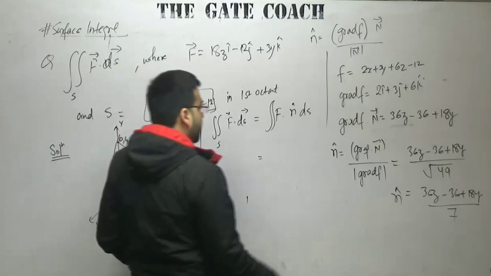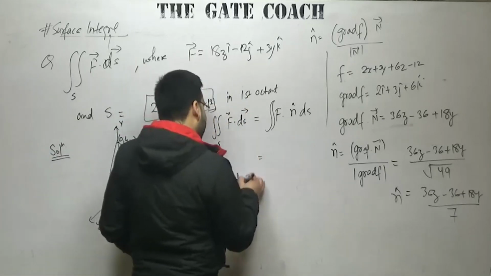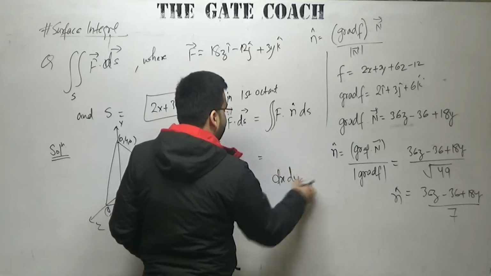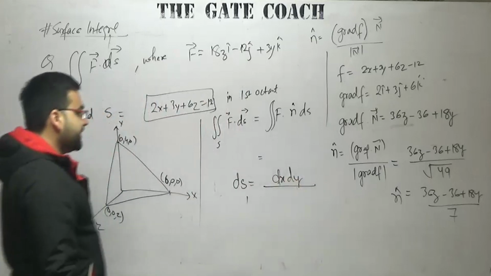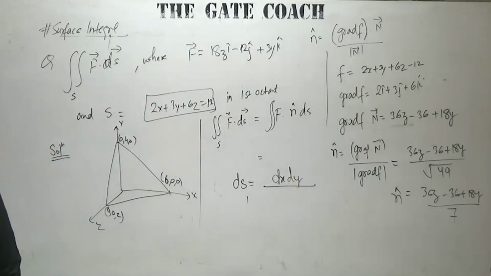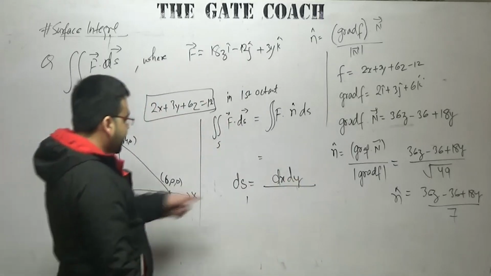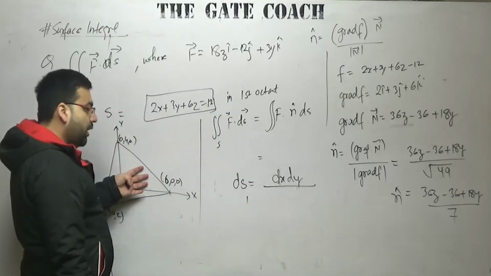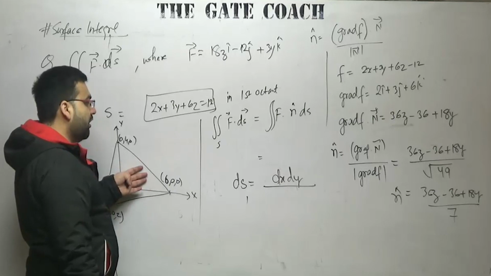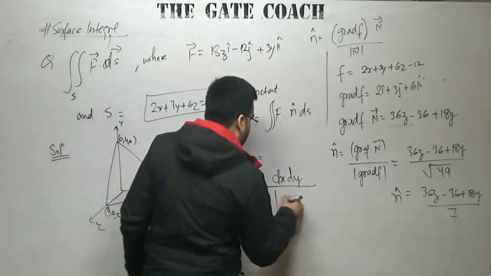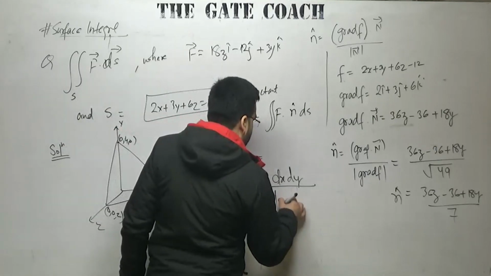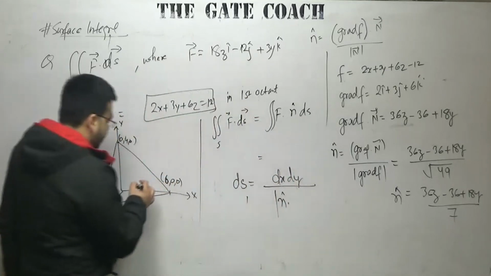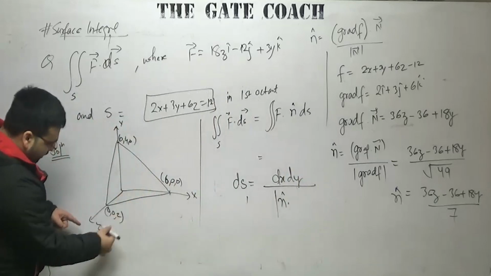Now what is this ds? ds will be equal to dx dy. Since I am taking the projection on the xy plane, dx dy divided by mod of n cap dot k cap.